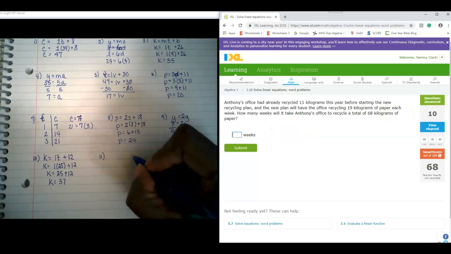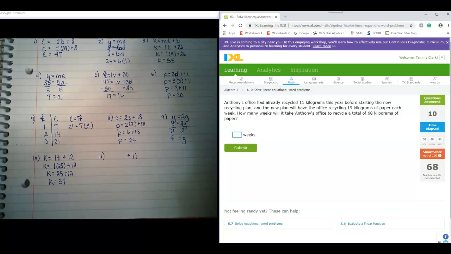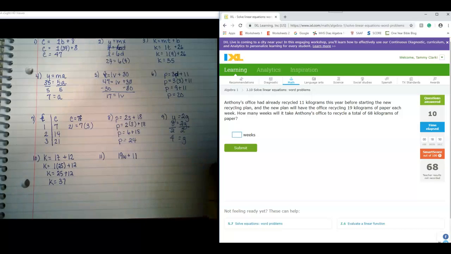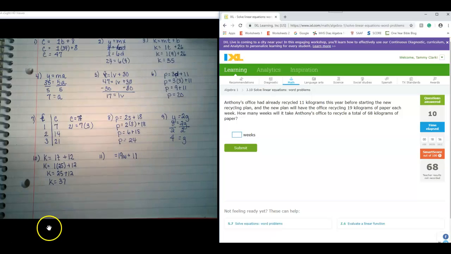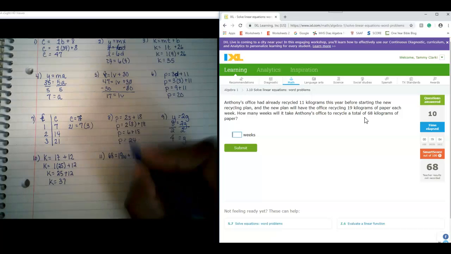So as we can see, his office has already recycled 11, and they're going to recycle 19 kilograms per week. How many weeks will it take to recycle 68 kilograms of paper?